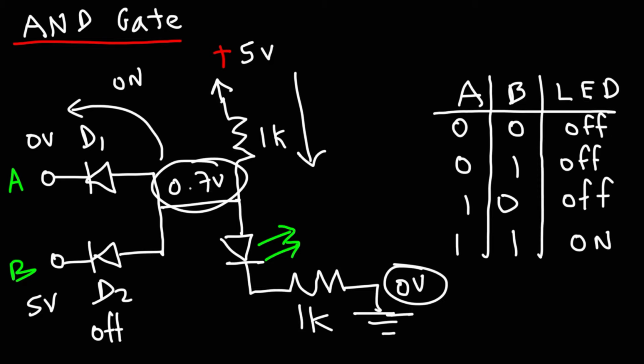The voltage is not high enough to activate the LED. The LED requires a voltage of 2 volts or more to activate it. In some cases, some LEDs will require a voltage of 1.8, but we're going to stick with a rounded figure, 2 volts. Because we have 0.7 volts across the LED and the resistor, the LED will be off. So thus we can see the truthfulness of that part of the truth table.